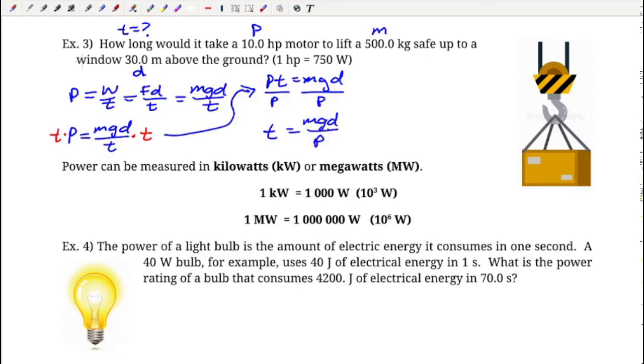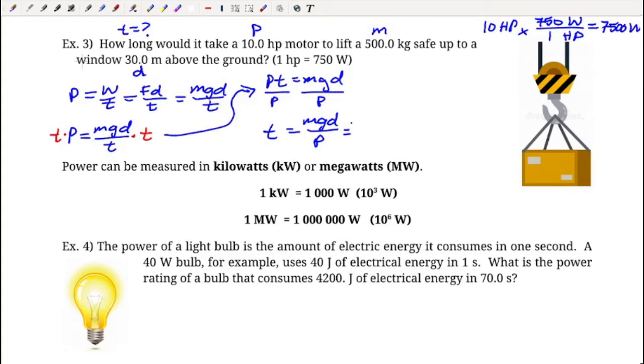In order to actually solve this now, I need to plug in the correct numbers, and I need to make sure I'm in base units. So this 10 horsepower needs to be converted using my opposite conversion factor. So now I need to do horsepower on the bottom, watts on the top, 750 watts over 1 horsepower. So this is going to be 7,500 watts total.